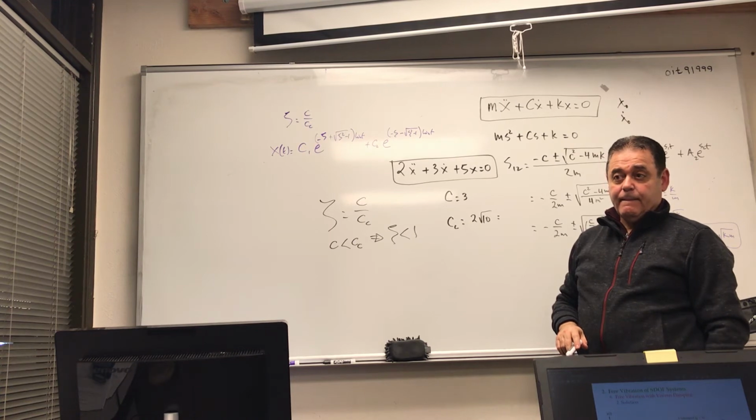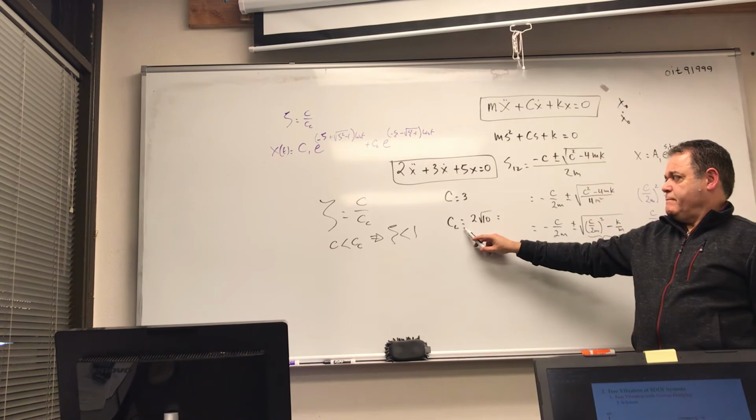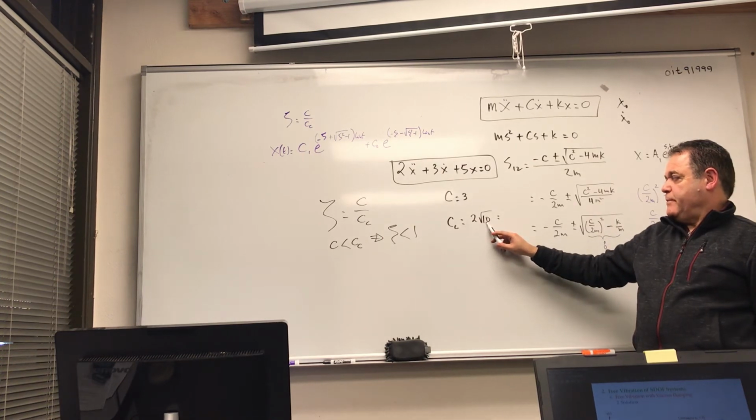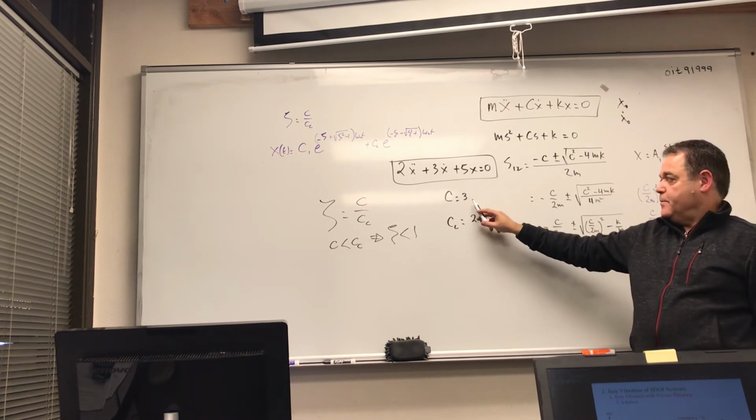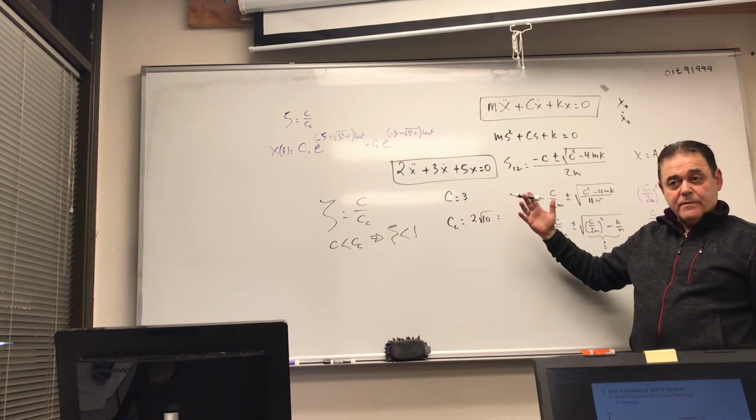Well, 3 is less than 2 root of 10, which is like 6 point something. So my C is less than CC, which means I am under damped. There you go.